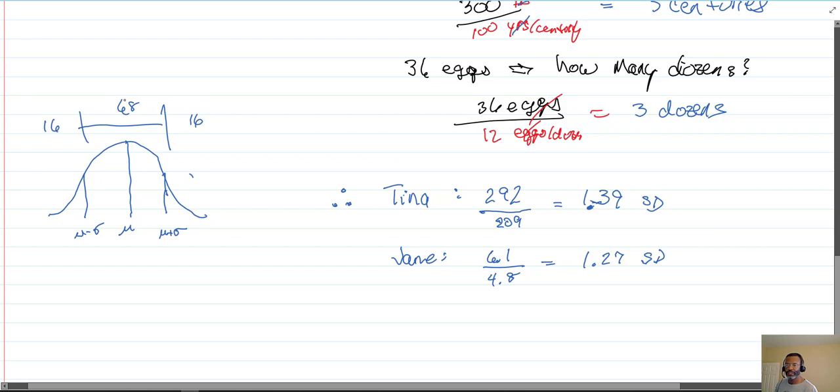So you get the 32 plus the 68 to give you a total of 100%. So someone who scores one standard deviation above the mean has done better than 68 plus 16, which is going to be 84%.